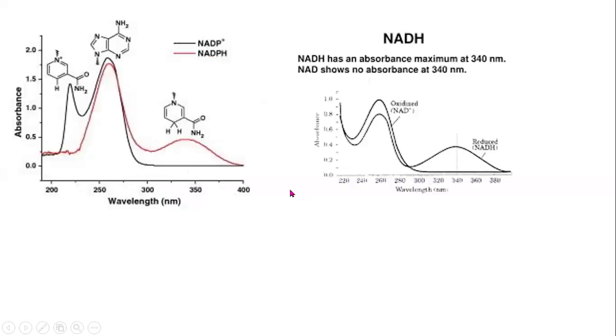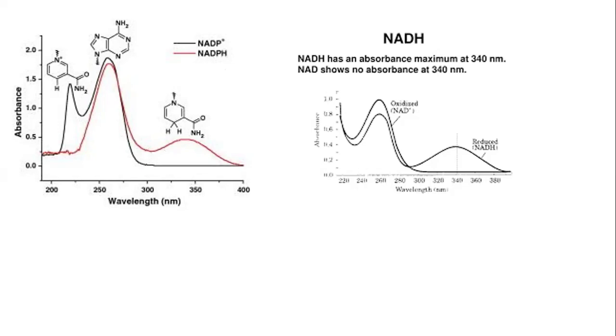So also we have these coenzymes NADPH and NADH. These are coenzymes that are required by some enzymes, and the one with H is the reduced form, while NADP without H is the oxidized form.